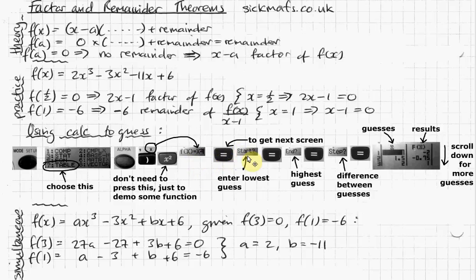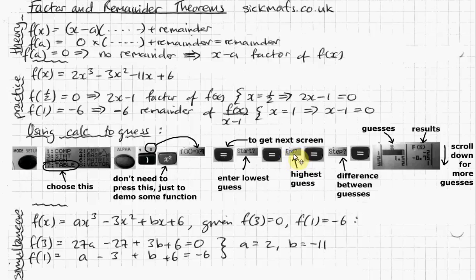That gets me to the next screen, where it asks where I want to start guessing from. What's the lowest number I want to put into this function? Like over here, I said start from minus 10 and go to 10. So I could type minus 10, and where do I finish? Let's say positive 10.